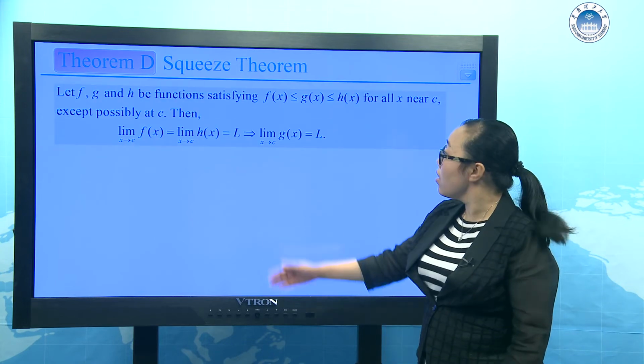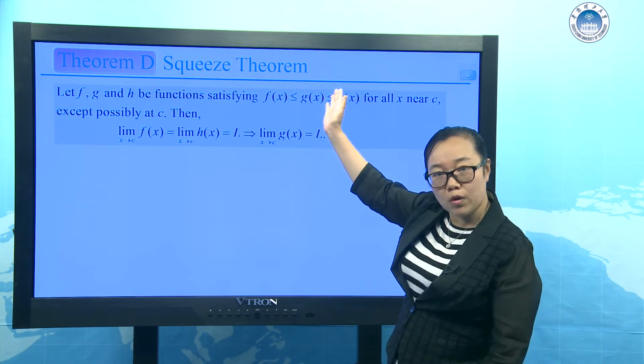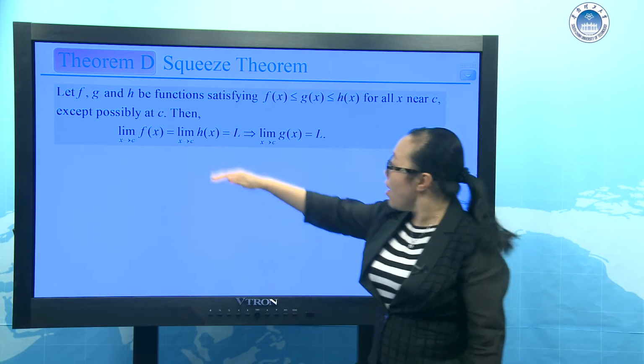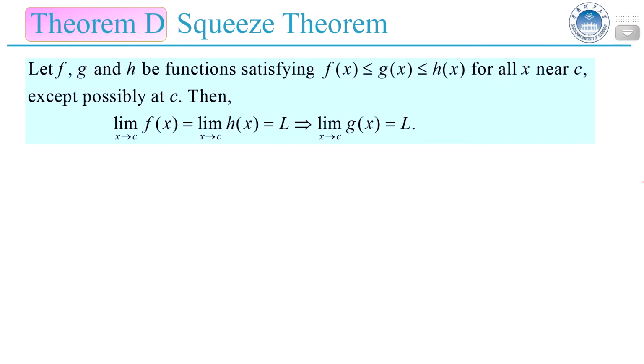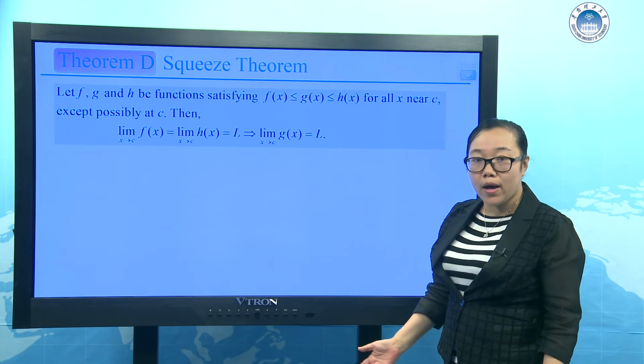Look at Theorem D, the squeeze theorem. What does squeeze mean? Let f, g, and h be functions satisfying f(x) less than or equal to g(x), and g(x) less than or equal to h(x), for all x near the point c, except possibly at c. Why?